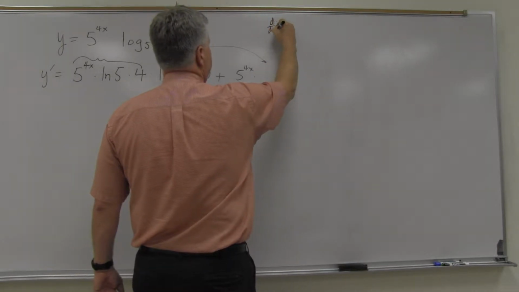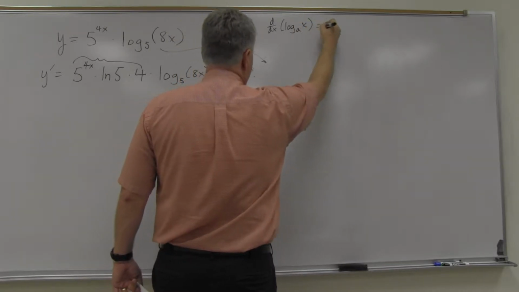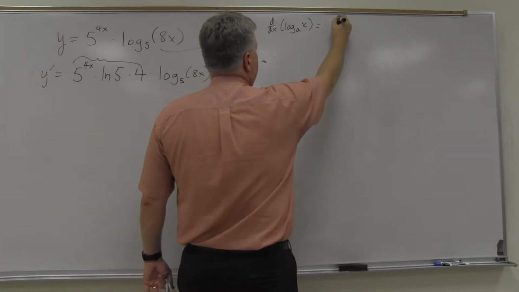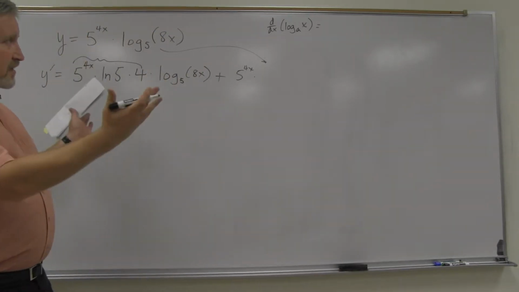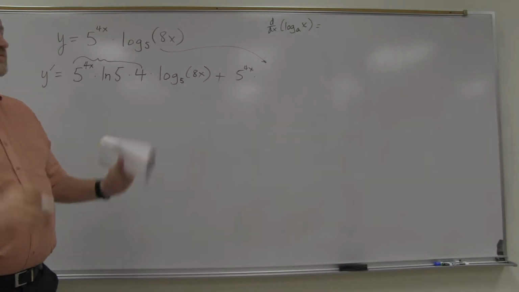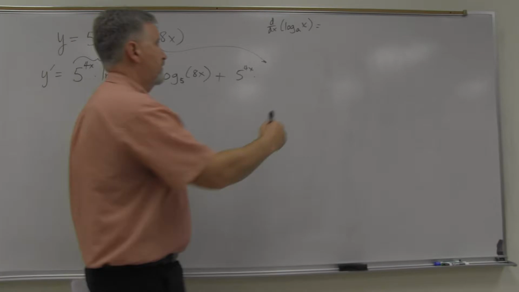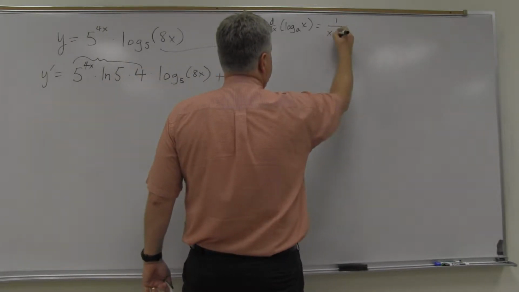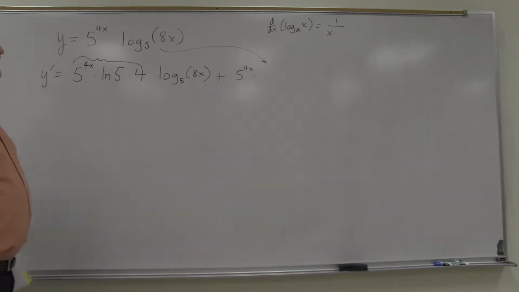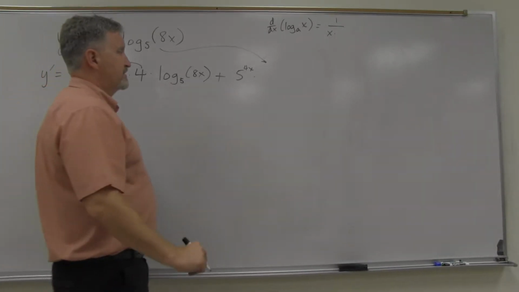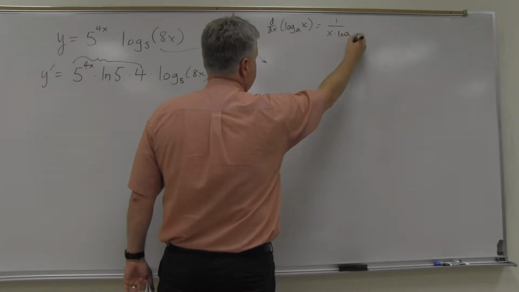The derivative with respect to x of log base a of just x. Well, for ln of x, the derivative is 1 over x. For any other log base a, log base 2, log base 3, you also have 1 over x, but since it's a different logarithm than the natural logarithm base e, we also need in the denominator the natural log of a.